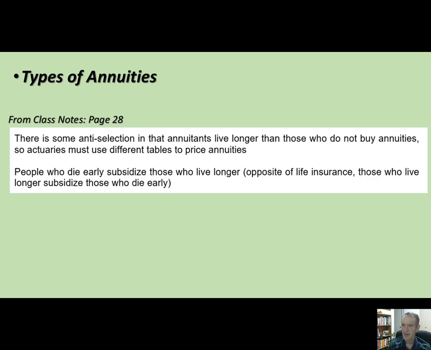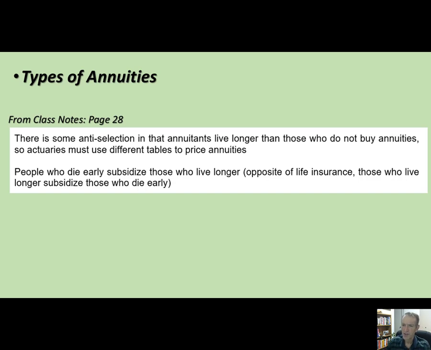Unlike life insurance, where they'll have you fill out an application, they'll have you maybe take a blood test or other medical exams, just because anti-selection is more possible with life insurance. It's possible someone doesn't think they'll live a long time, but they haven't had a medical exam in a while, and the insurance company says, hey, you have to get an exam, you have to have a blood test.